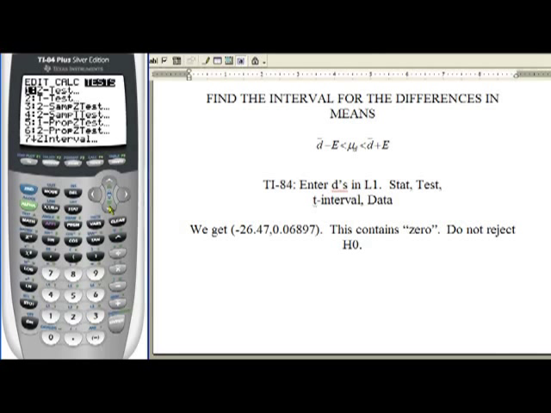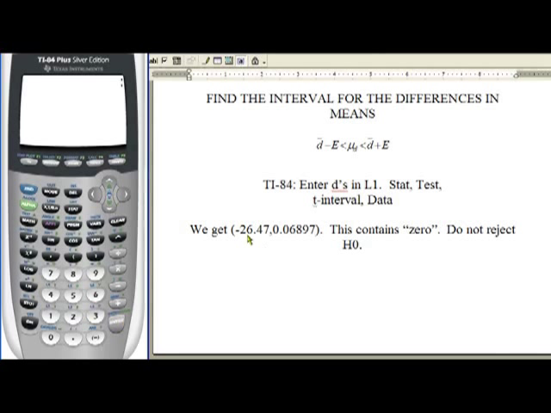I will go and do the t-interval, and I will say that the differences are in L3. You put that in there. All you have to do is put the confidence level 0.95 and push Calculate.